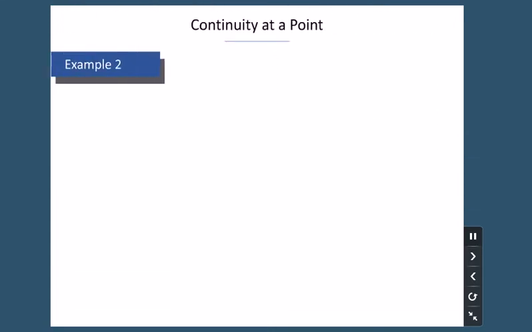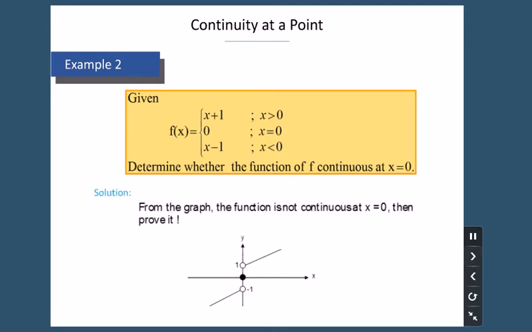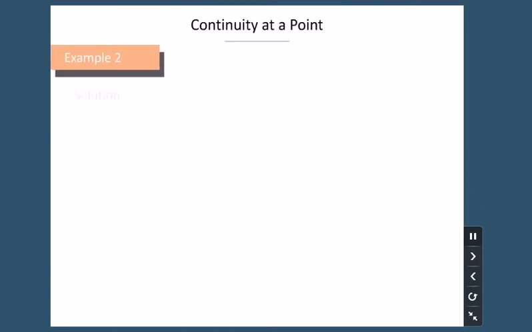Example 2. Given the function, determine whether the function f is continuous at x equals 0. Solution. From the graph, the function is not continuous at x equals 0, then prove it. Example 2.